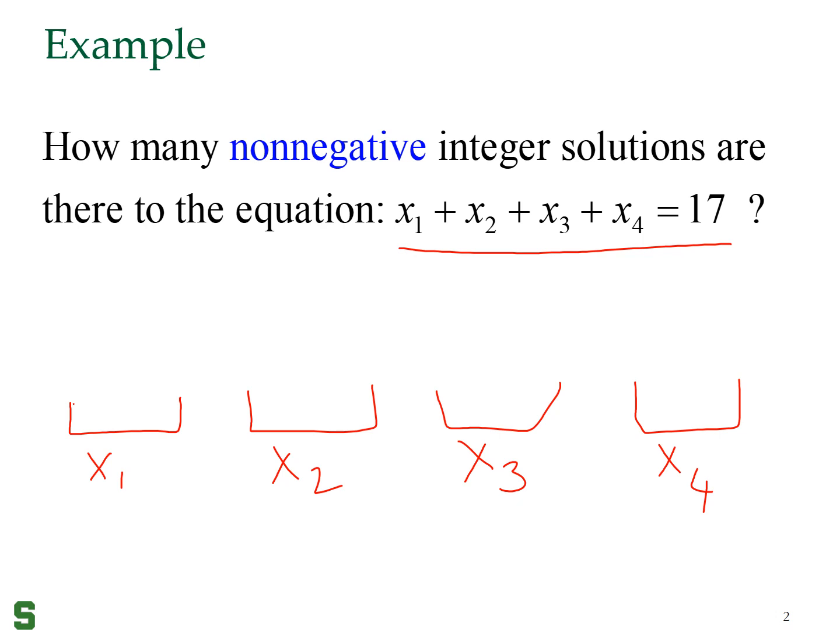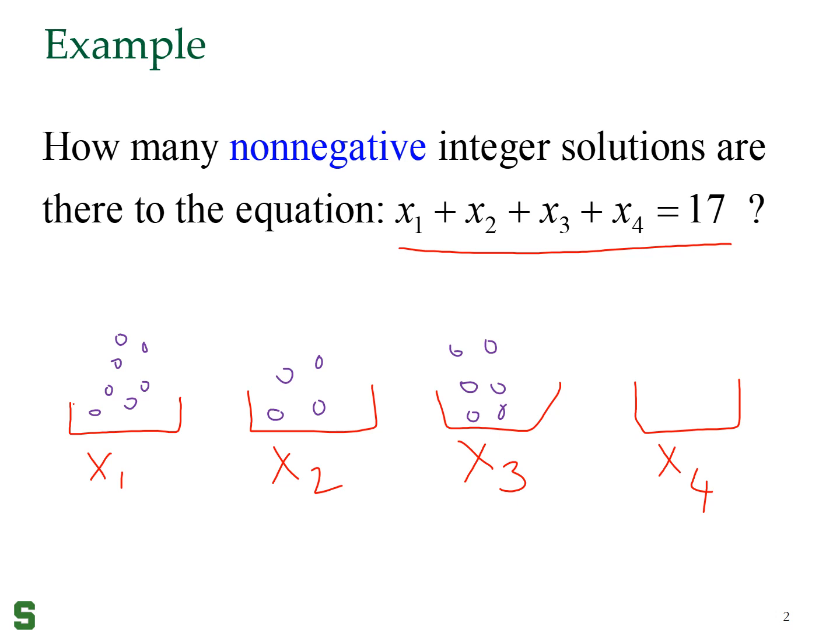So for example, I could do it like 1, 2, 3, 4, 5, 6, 7. I put in this, then I put 17.